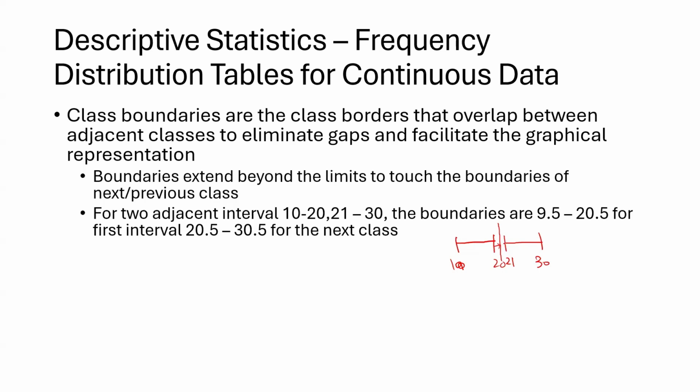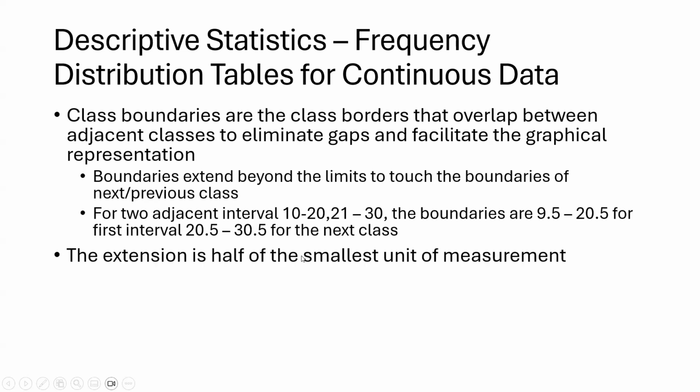But for the lower boundary of the next class, it's going to be extended to the left. So this boundary for both of these adjacent classes, they overlap here. And had there been a class interval before this, the boundaries between these two endpoints would have coincided. So this is what the boundaries represent. And they are for the histograms, which we're going to see in a while.